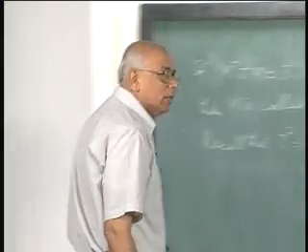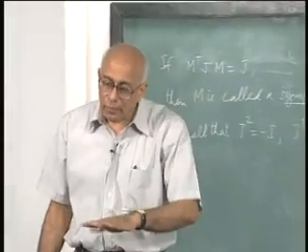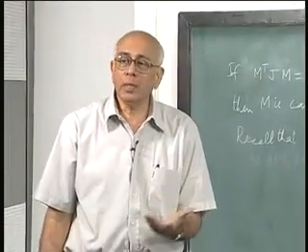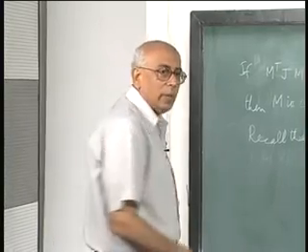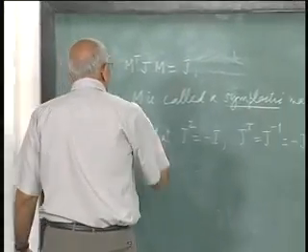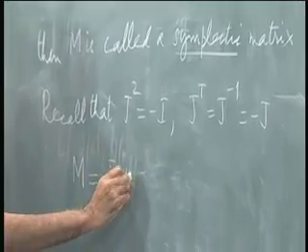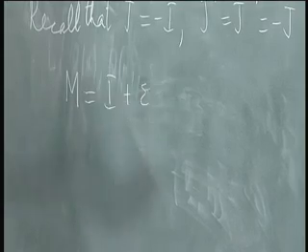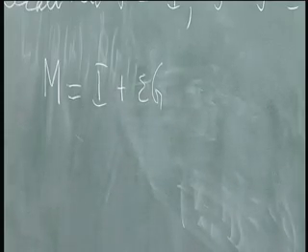And the way to do this is exactly what you did for rotations, namely ask, if I make an infinitesimal transformation, how many parameters are there? How many independent ways can I make infinitesimal transformations? So let us make an infinitesimal transformation out here. So let us say M is equal to the identity transformation plus some epsilon, some small parameter like a delta alpha, times G. G is some other 2n by 2n matrix called the generator of the transformation.